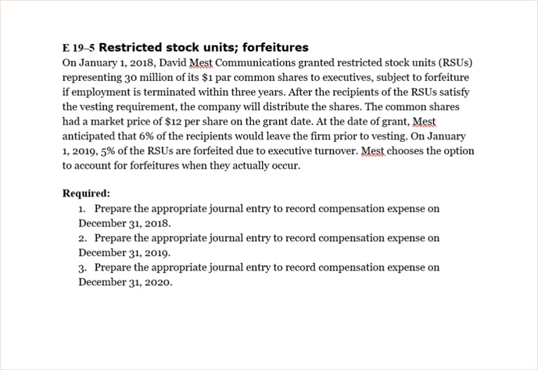What I just need you to know is that you do have an option to account for the forfeitures when they actually occur. And if you account for the forfeitures when they actually occur, then you're going to have to adjust from the 100%. In this case, they say it's actually 5%, which they see. You're just going to have to note that the total that you need in paid in capital, just like we did in our PowerPoints, needs to be 95%.